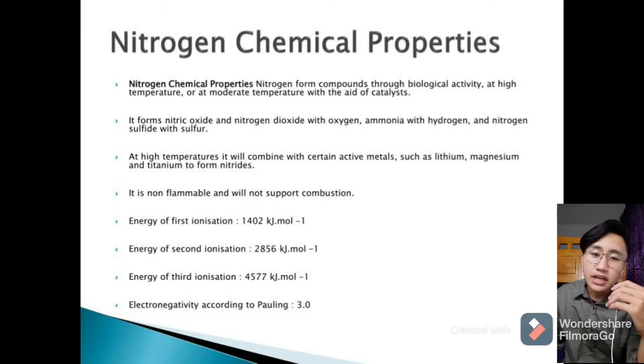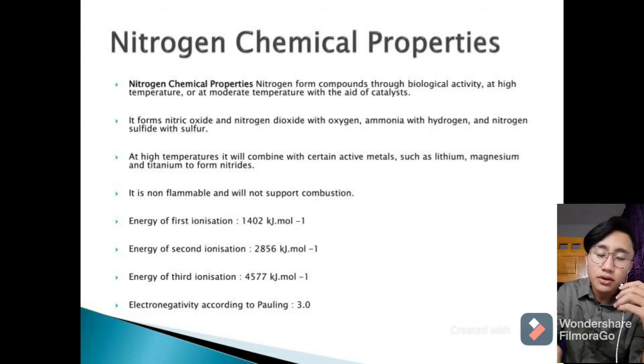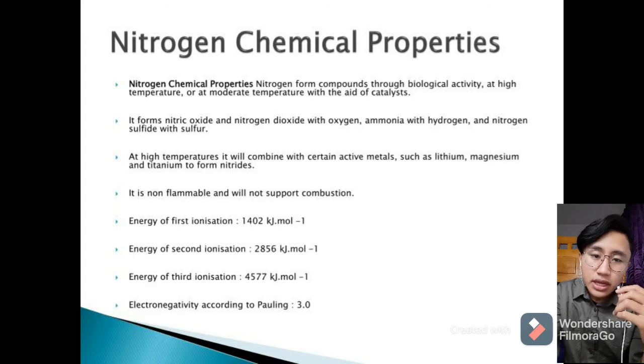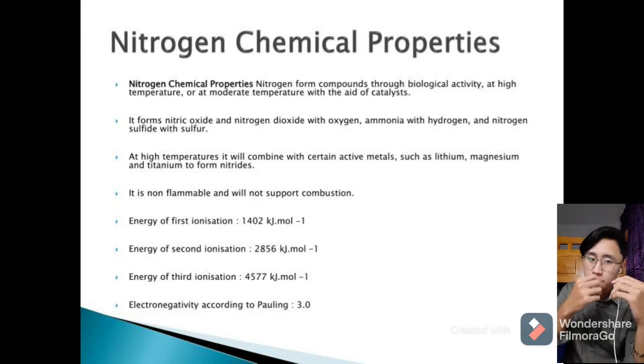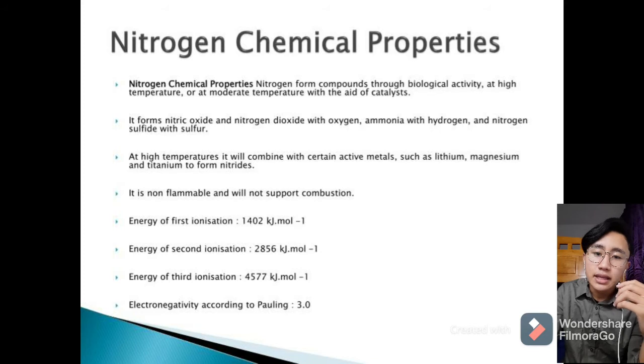The energy of first ionization is 1402 kilojoules per mole. The energy of second ionization is 2856 kilojoules per mole, and the energy of third ionization is 4577 kilojoules per mole. And last but not least, the electronegativity according to Pauling is 3.0.